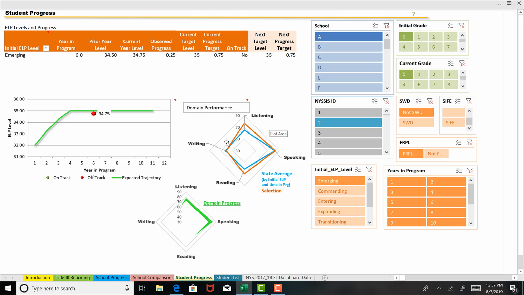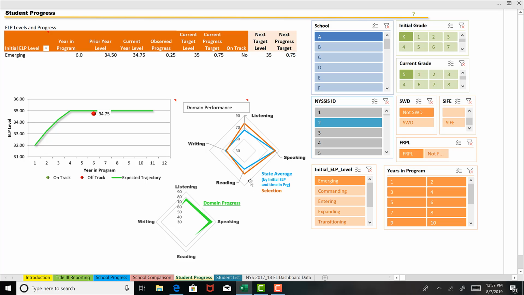And so you can see this student, for example, is pretty close to the average for his or her peers, and slightly above them in reading and listening. The chart below highlights how much growth has occurred by domain for this particular student. So the green highlighted area is where growth occurred. So there was some growth that happened in speaking and in listening from the previous year to the current year.